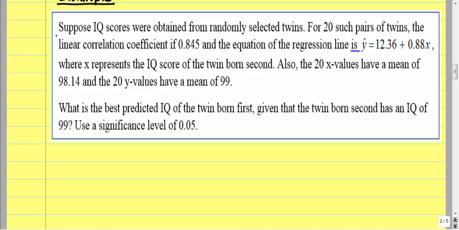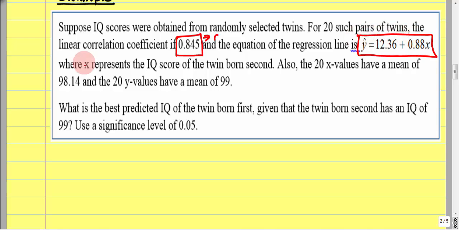We have 20 such pairs of twins, and we already know the linear correlation coefficient is 0.845. There's a lot of information here, so let's circle the relevant information. This is R, our sample correlation coefficient. And the equation of the regression line they give us too, so we don't even need to plug it into our calculators.